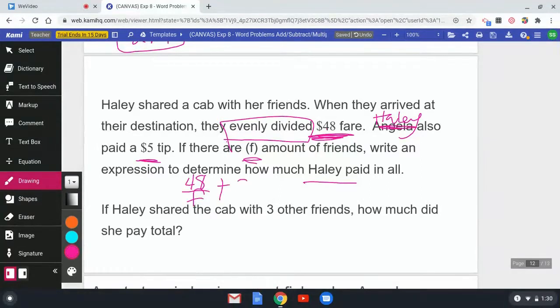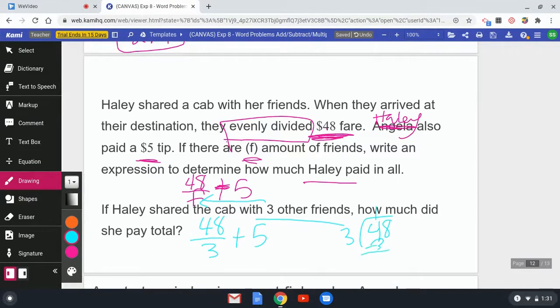Plus, Haley also gave a $5 tip, right? Her friends didn't, just Haley did. If Haley shared the cab with 3 other friends, how much did she pay total? So I would do 48 divided by 3 plus the $5 extra she gave. So over here, 48 divided by 3.